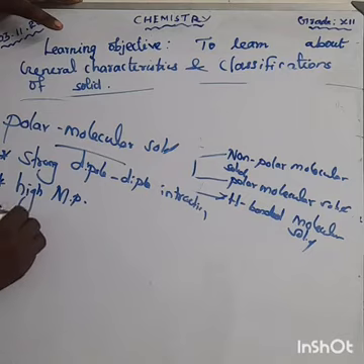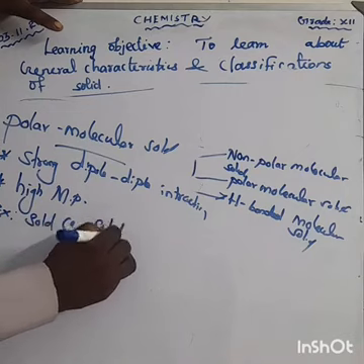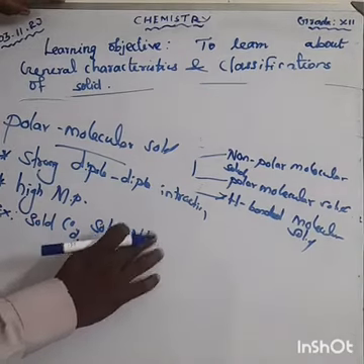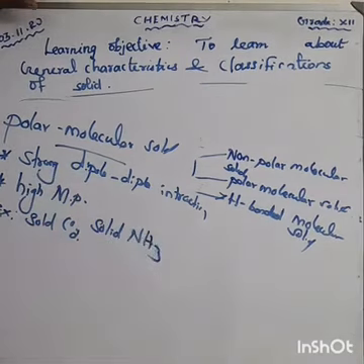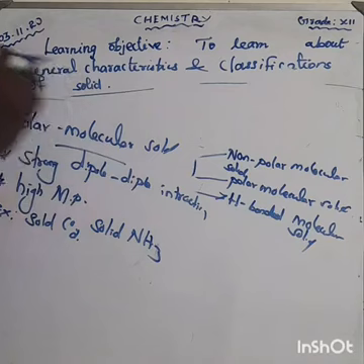Examples are solid carbon dioxide and solid NH3, that is ammonia. Can you say a few points about the polar molecular solid? These are constituents of molecules formed by the polar covalent bond.